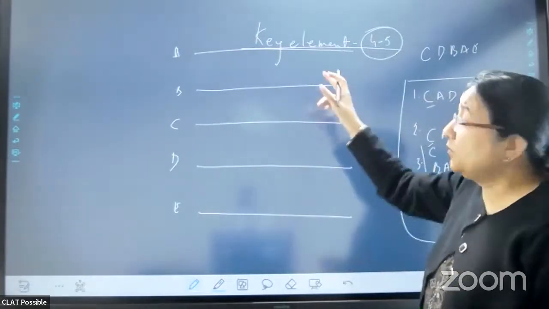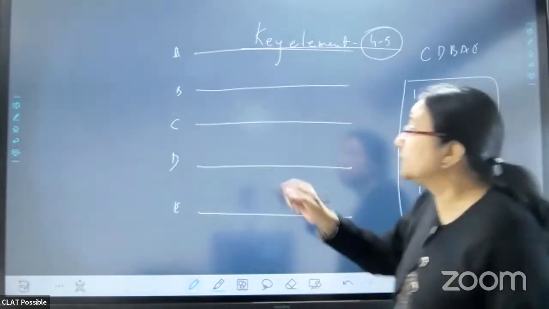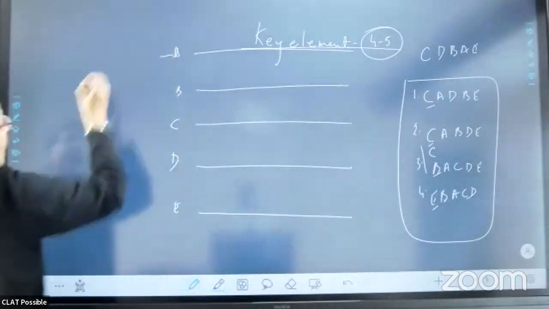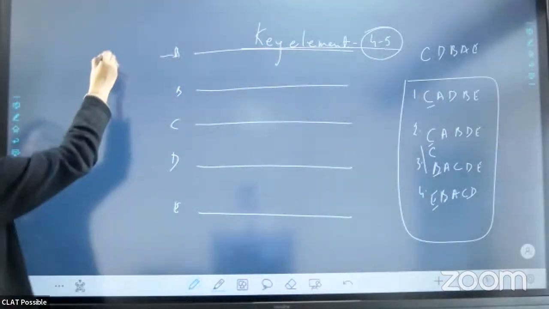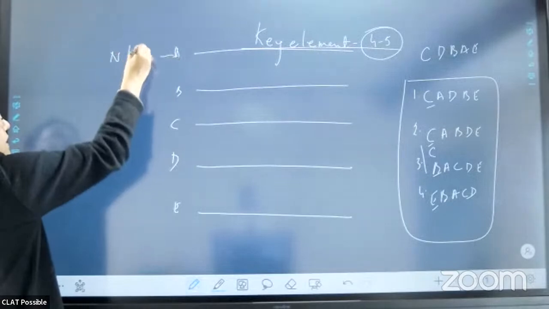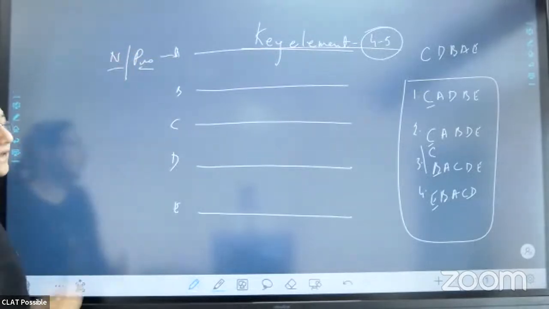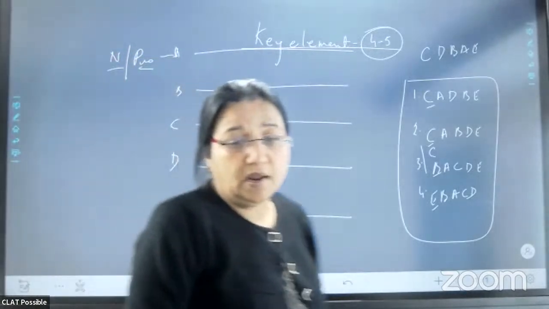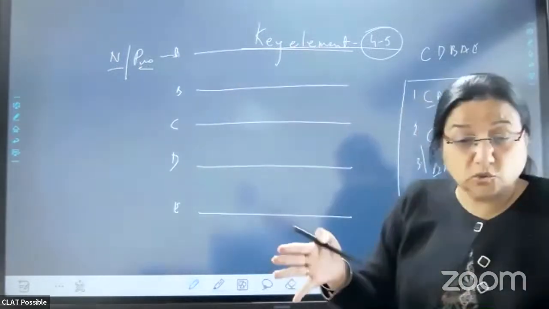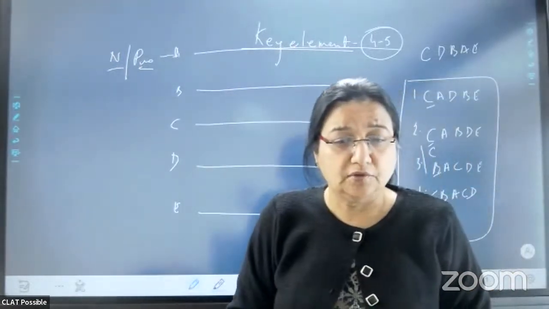Because what question will you ask yourself while reading A line? Is there a presence of a noun or a pronoun? Can this have a noun or a pronoun? And I read by squeezing the line to 3-4 words.